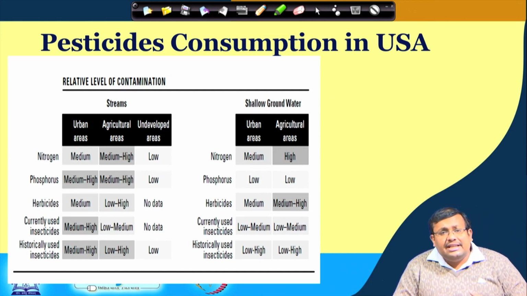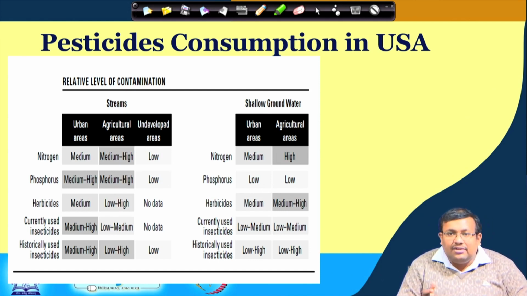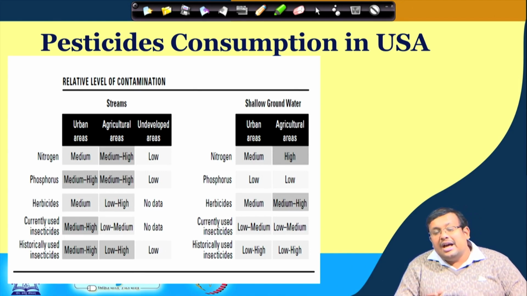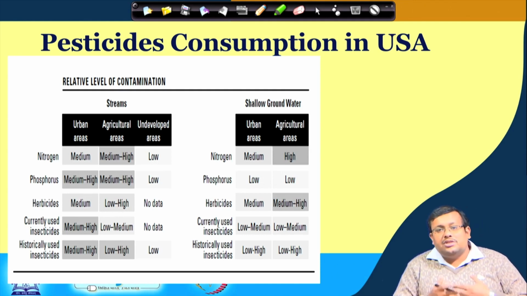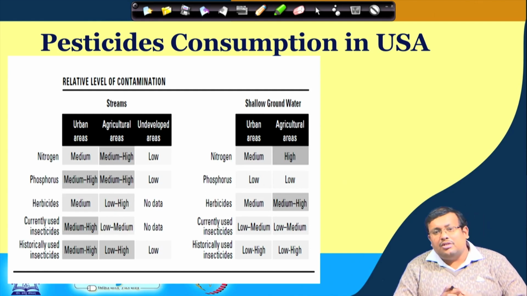And in case of historically used insecticides, in urban areas it produces medium to high level of contamination, because these DDTs and all these things were basically used for controlling other insects which are present in urban areas. Agricultural areas also produce low to high contamination. However, in undeveloped areas, it produces a low amount of impact.